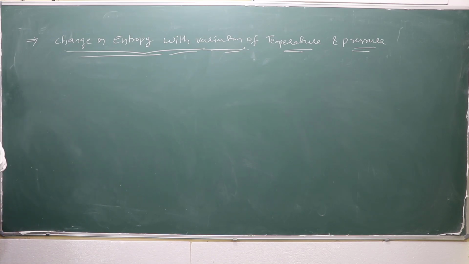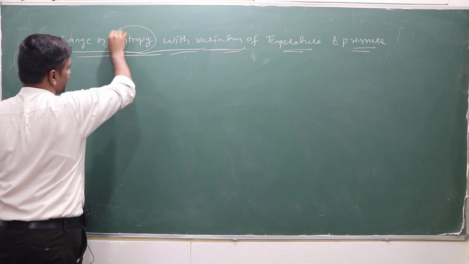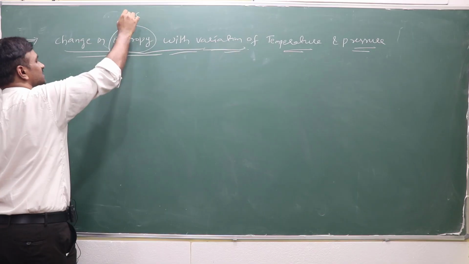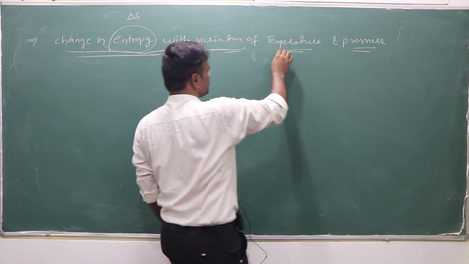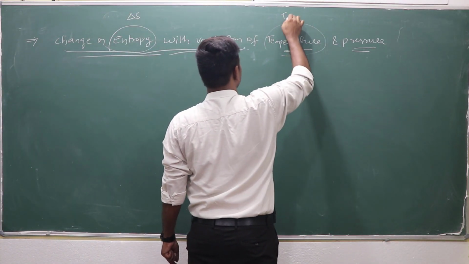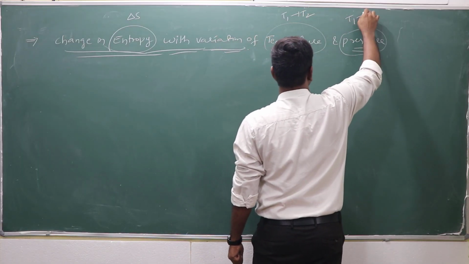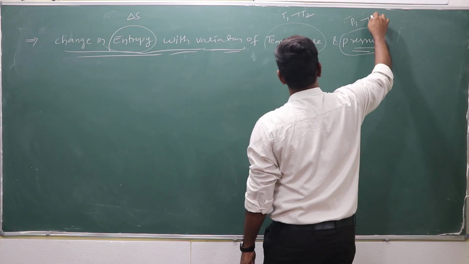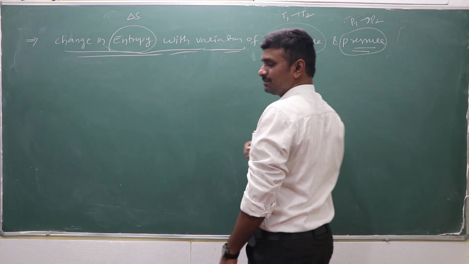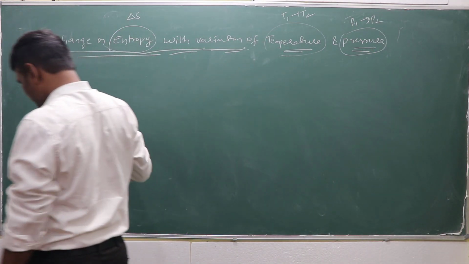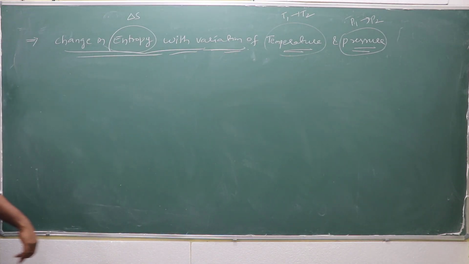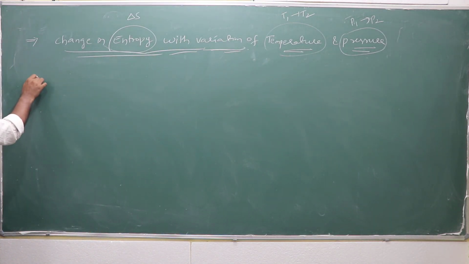Now in this case, how is the entropy changed? Delta S with variation of temperature, that means temperature changed from T1 to T2, and pressure changed from P1 to P2. In a similar manner you can obtain that equation, or you can follow the other way.